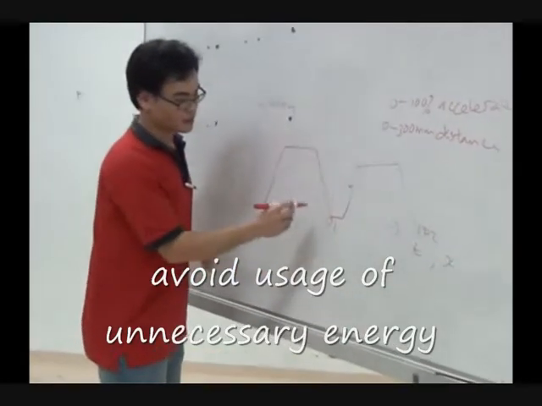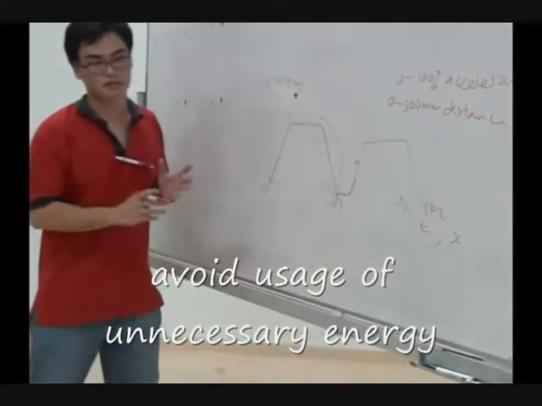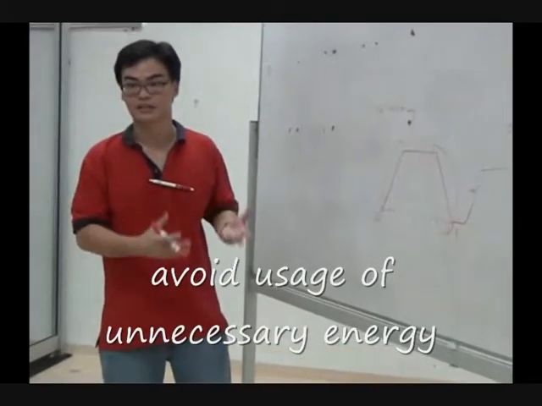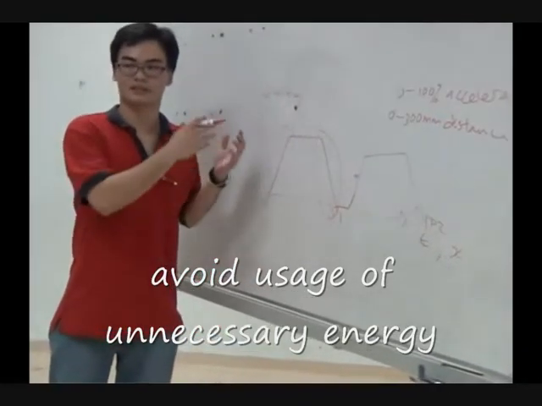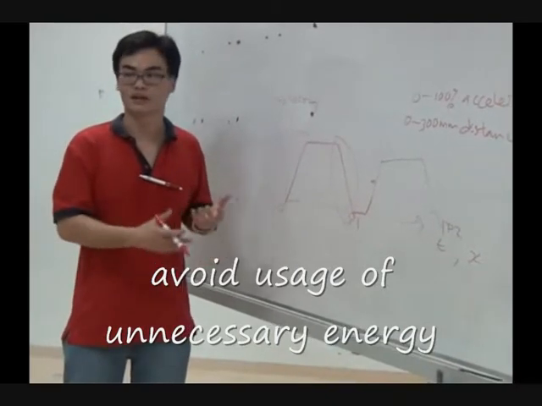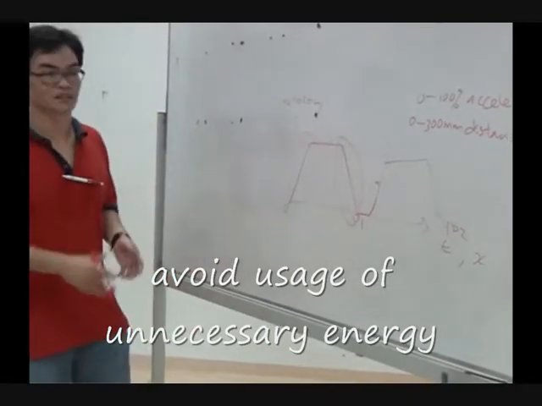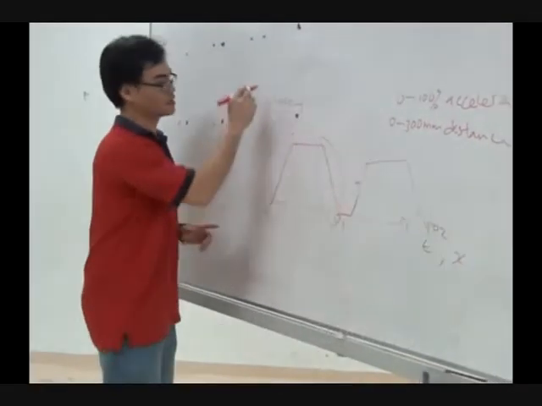So this start and stop motion is mechanically not desirable, because we have inertia, starting of motion and stopping of motion. You need a lot of energy, current, everything. It's not efficient. Another reason is that we want to reduce the cycle time.